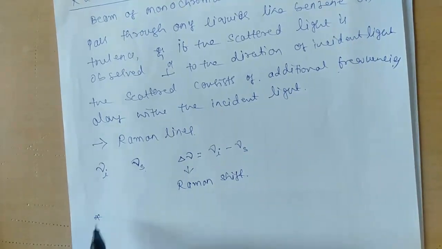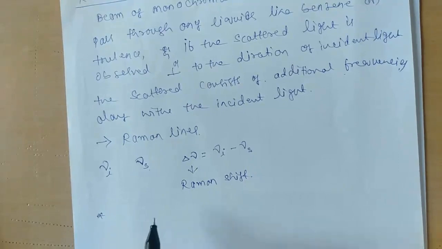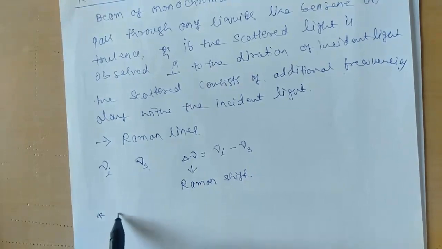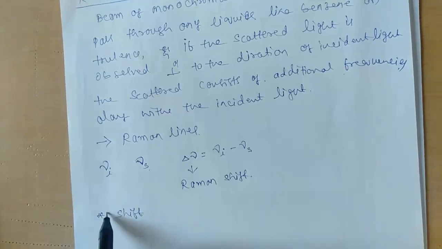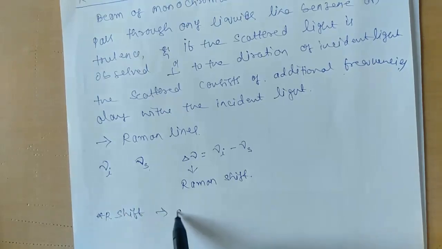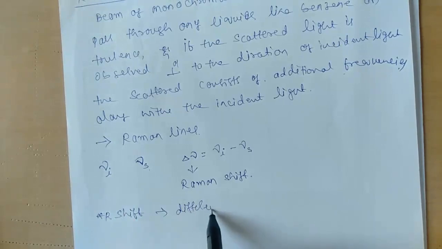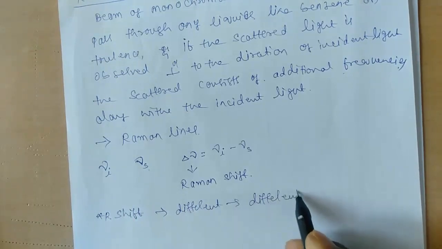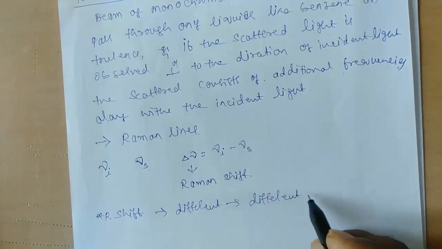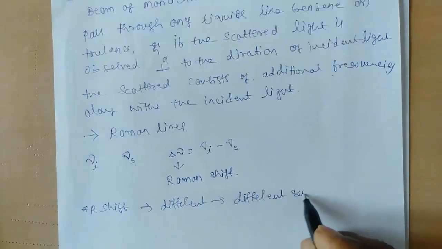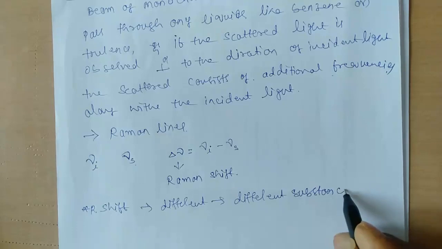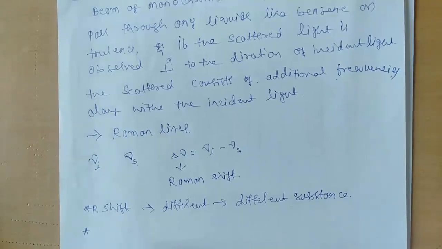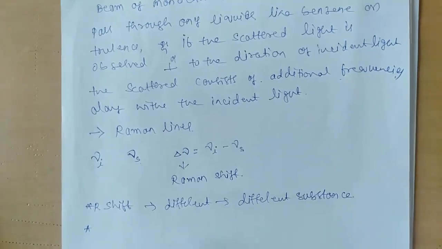There are a few features of the Raman spectrum. The Raman shift is different for different substances. Remember students, these are the small important points from where your concept problems come.